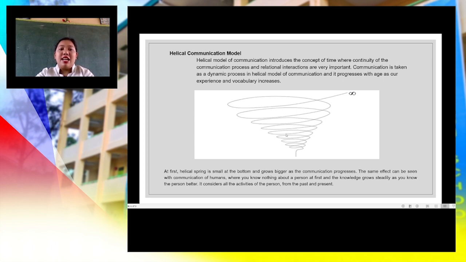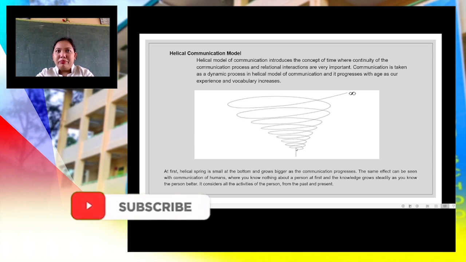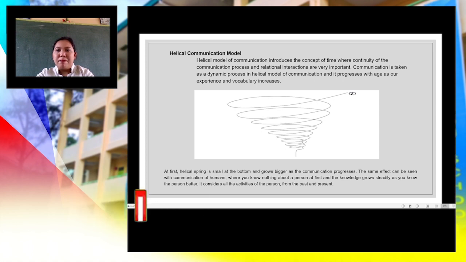Communication is taken as a dynamic process in this type of model, and it progresses with age as our experience and vocabulary increase. You would notice that at first, the helical spring is at the bottom and it is small, and it grows bigger as the communication progresses.